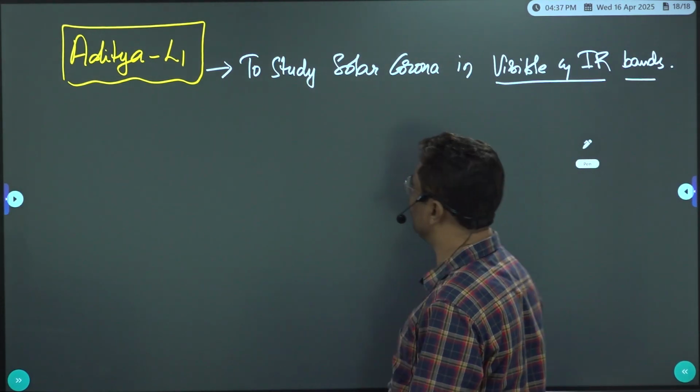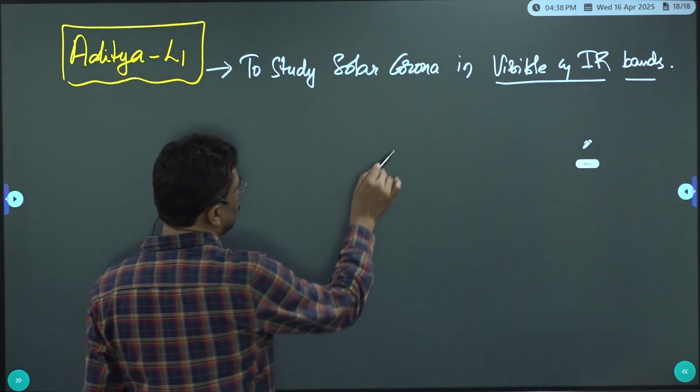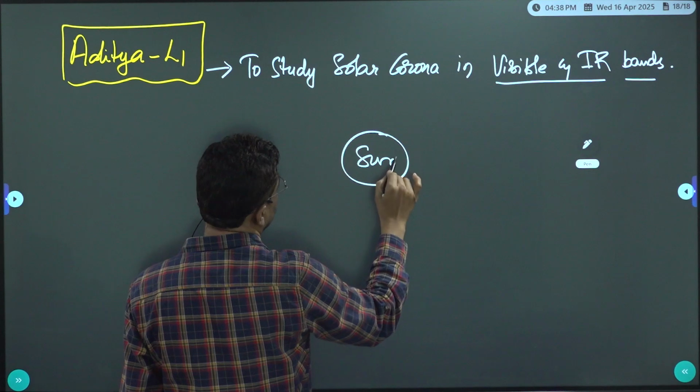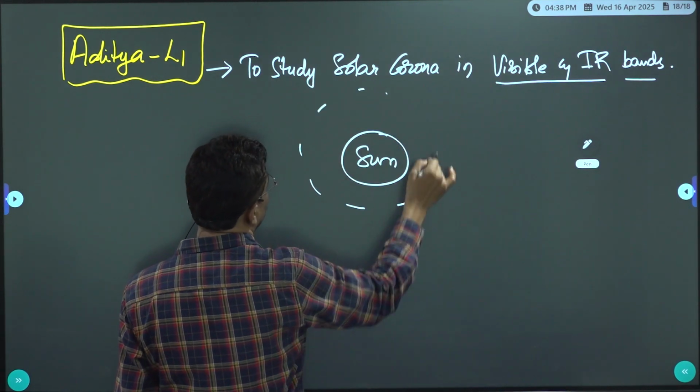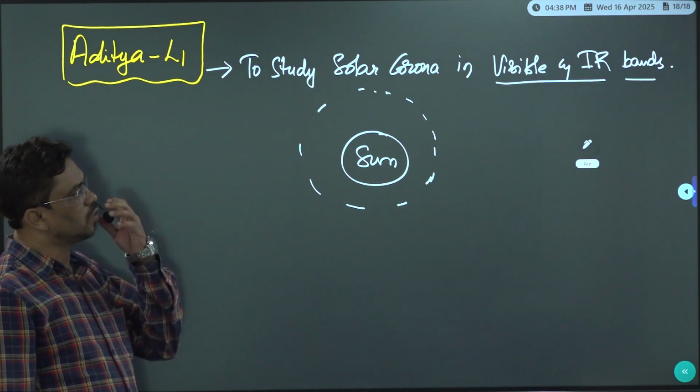That means, this is the sun, and the sun's atmosphere is called the solar corona. This is the first mission to study the solar corona in visible and IR bands.